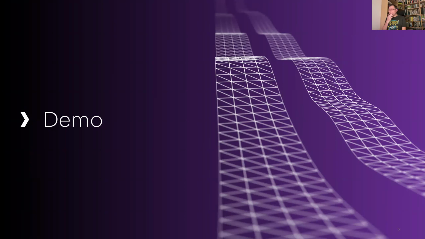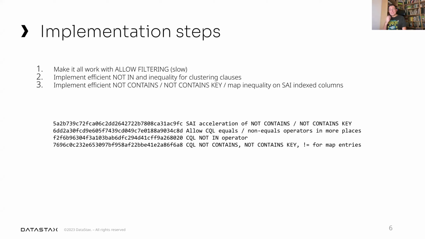So the last few slides I had prepared were about how I actually implemented that, how it's done inside. My idea was to split it into separate sub-features that are not overlapping. The first idea was, let's get everything working with allow filtering and not care too much about performance.